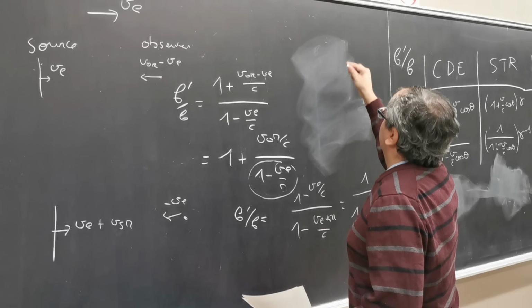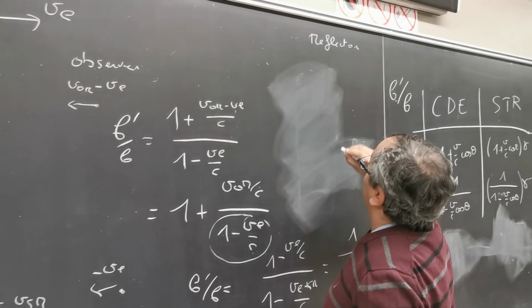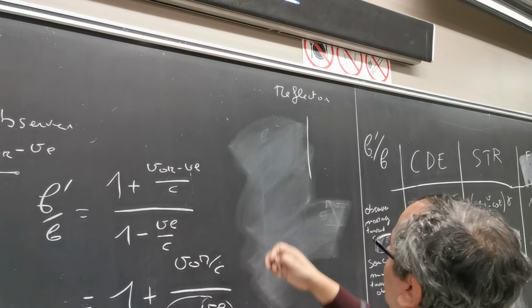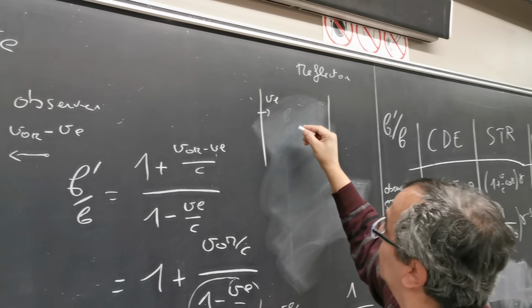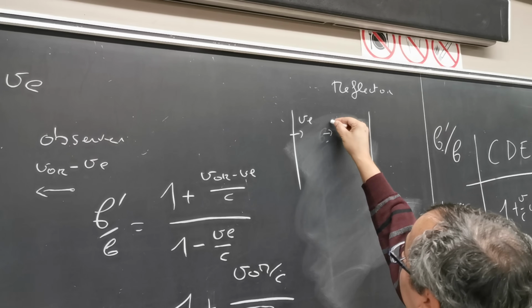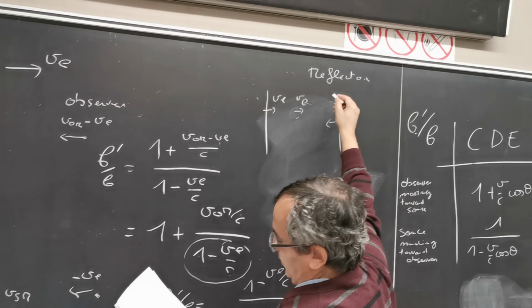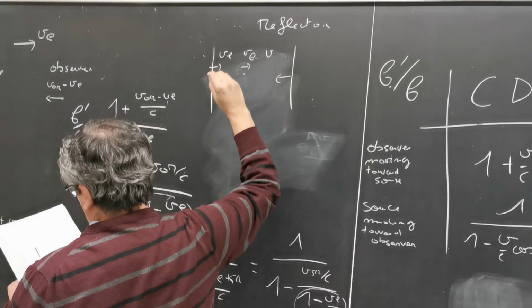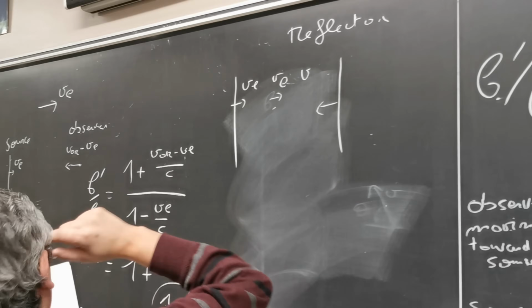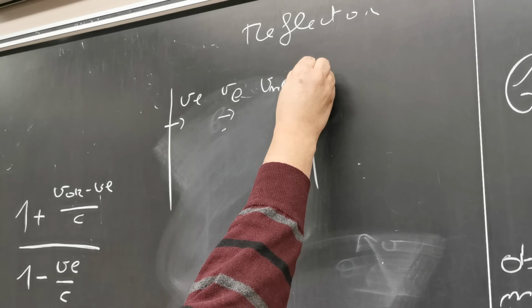We have the reflector, and we have the source. The source is moving at VE, the observer is moving at VE in this direction, and the reflector is moving at V_MR, minus VE.